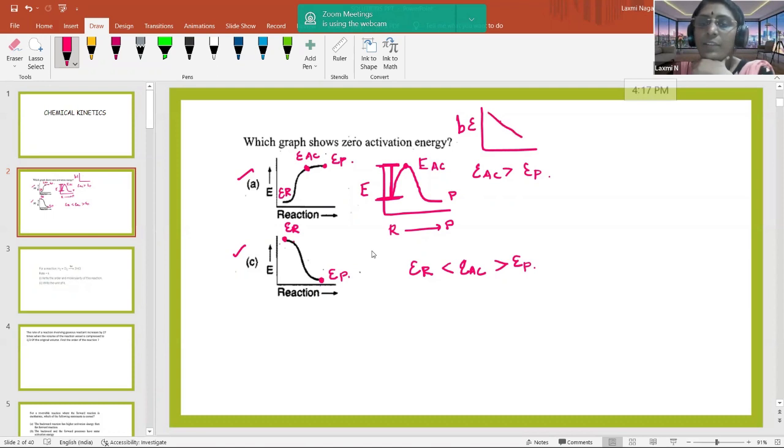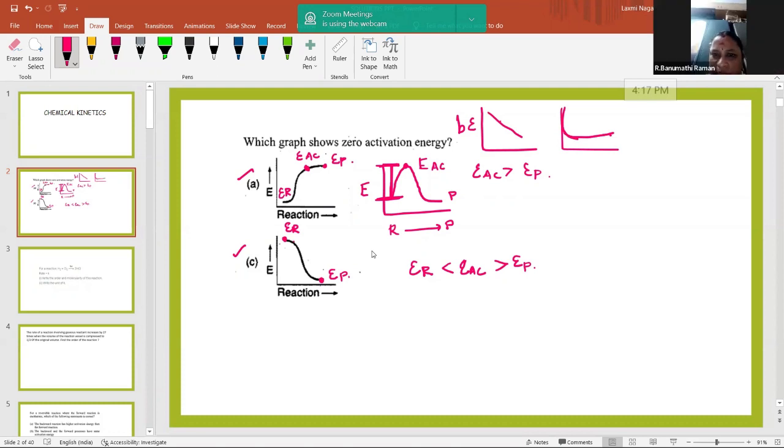The graph was given like this, and there was another option wherein it was varying like this. Even those will not be possible. Though the activation energy is zero there also, the reaction never proceeds this way. So it is going to be this answer.